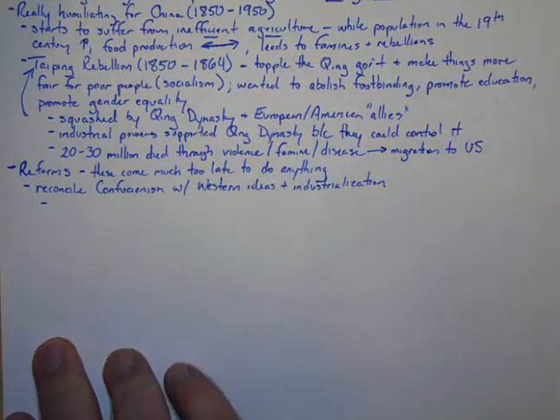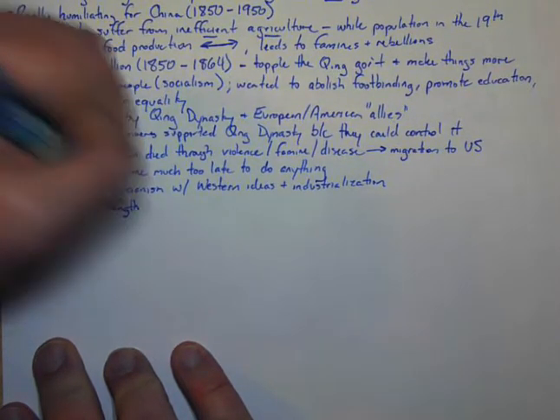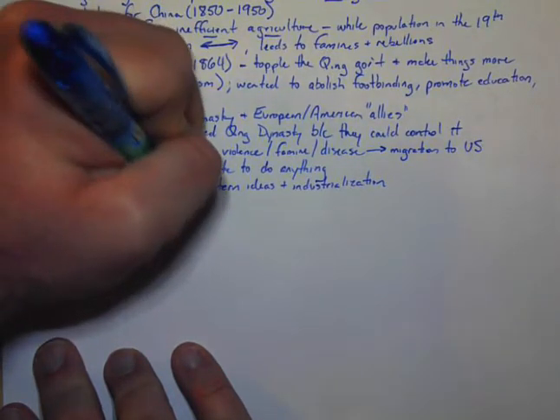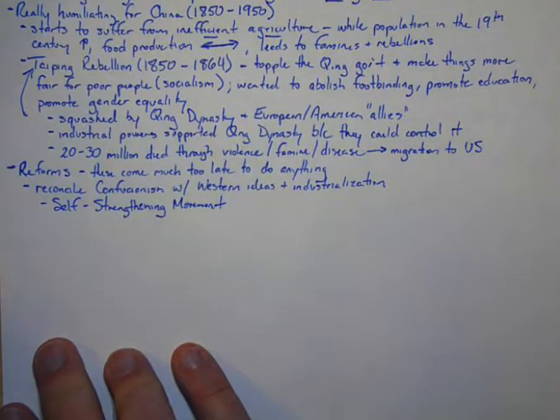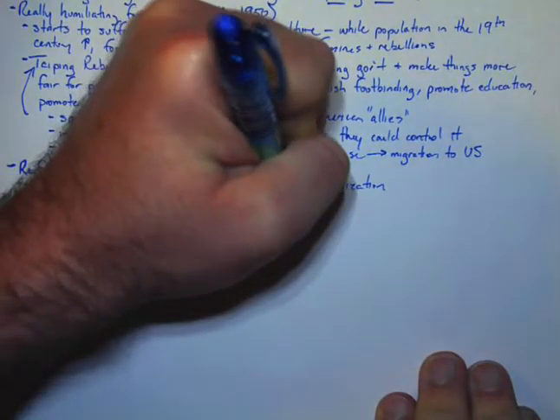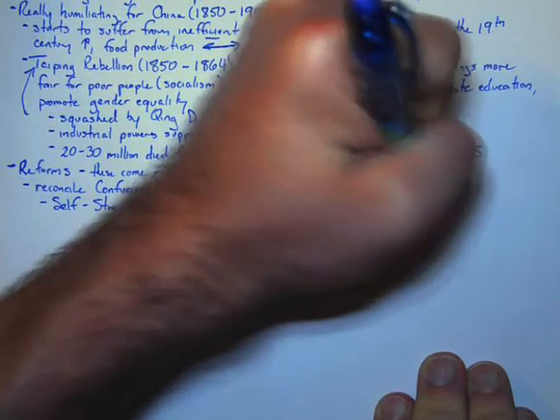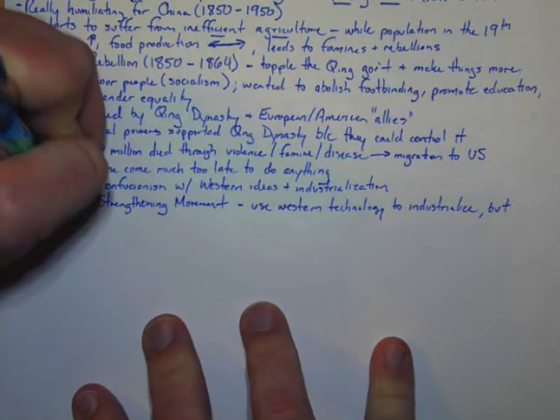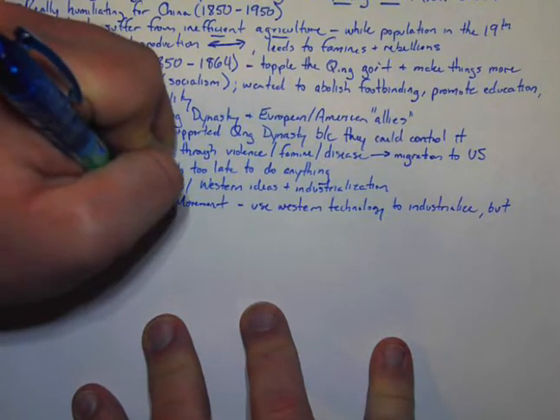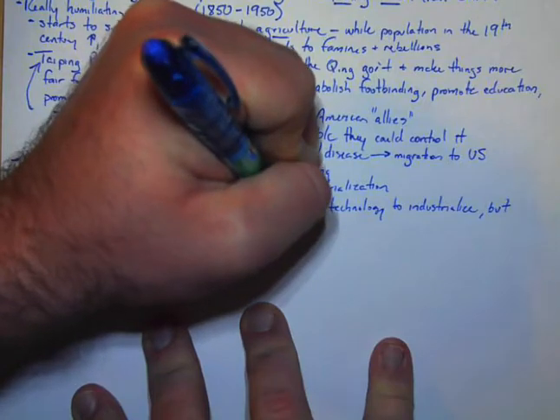So, a couple of examples of this. There was this idea called the self-strengthening movement, which tried to use Western technology to industrialize, but most of the money was either stolen or misused, and it really didn't work out so well.